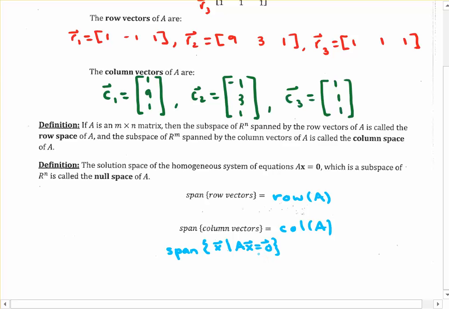So if we can figure out the basis for this solution space, the set of all possible linear combinations of those basis vectors would give us the span, which in this section is referred to as the null space of the matrix A.